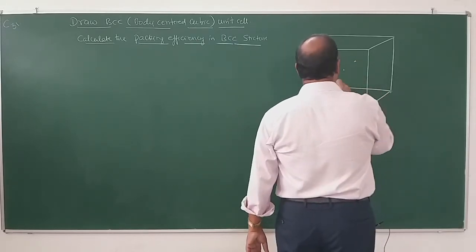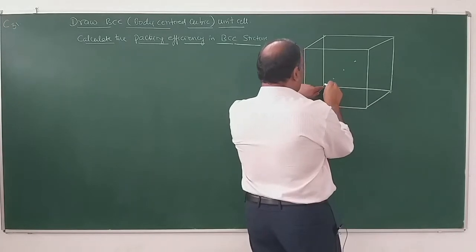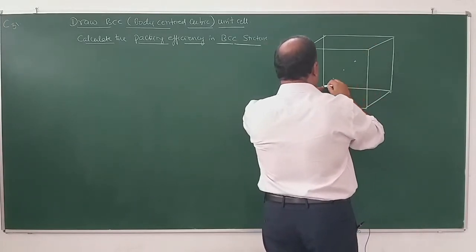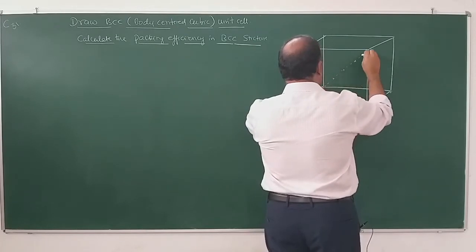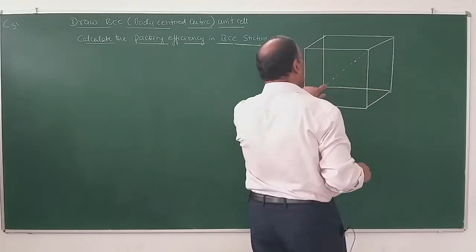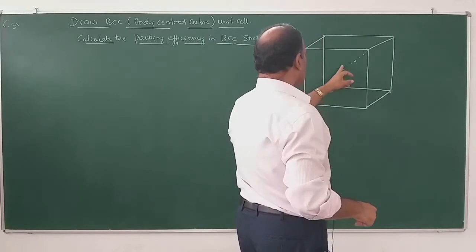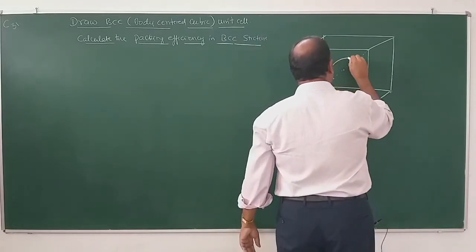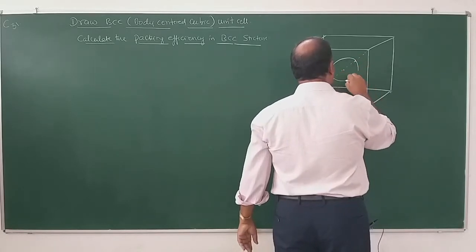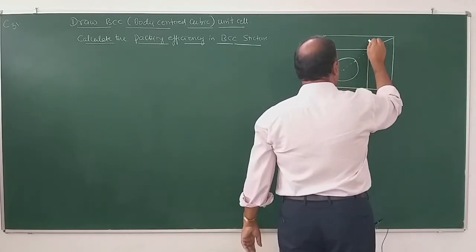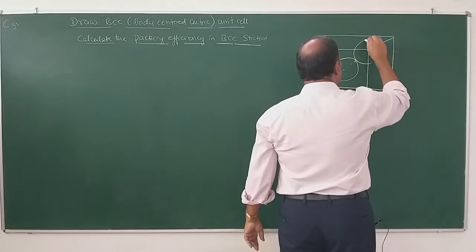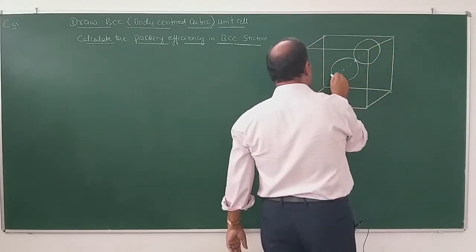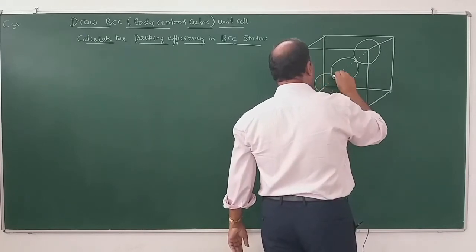So you have to join this corner and this corner diagonally like this. This is the body diagonal. Here is one body centered particle, here is a corner particle of this corner, and here is another corner particle of this corner.